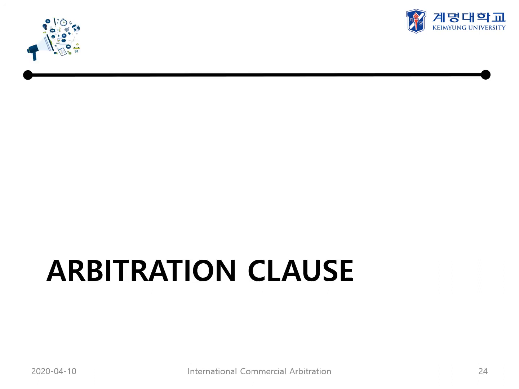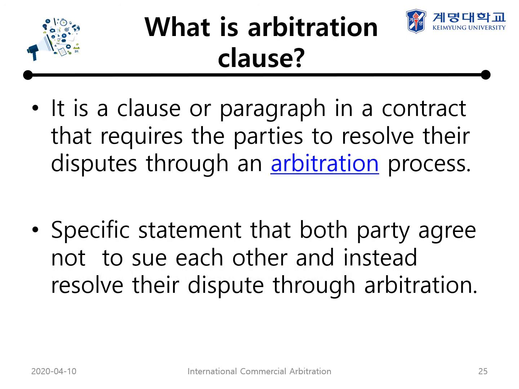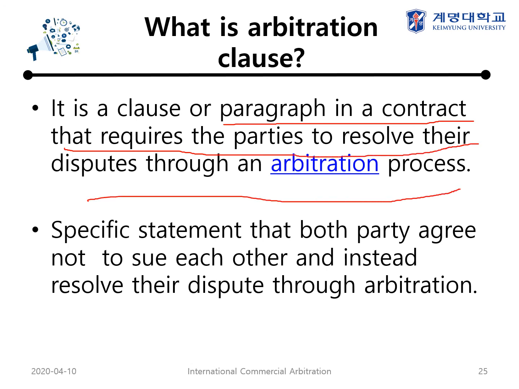And what about the arbitration clause? An arbitration clause is a particular statement in the arbitration agreement. The agreement is the whole paper itself. And the arbitration clause is a particular statement on how to resolve a particular dispute. So you could see here the definition: the paragraph in a contract that requires the parties to resolve their dispute through arbitration.